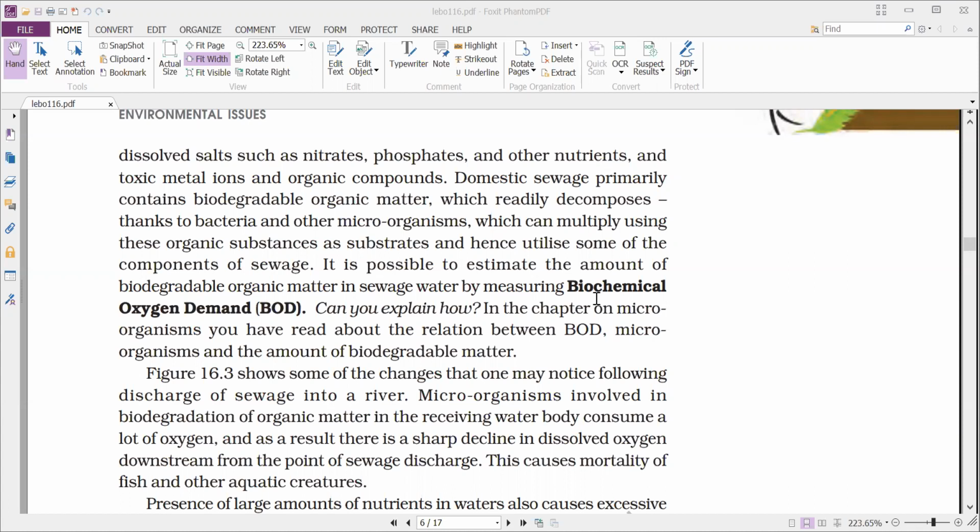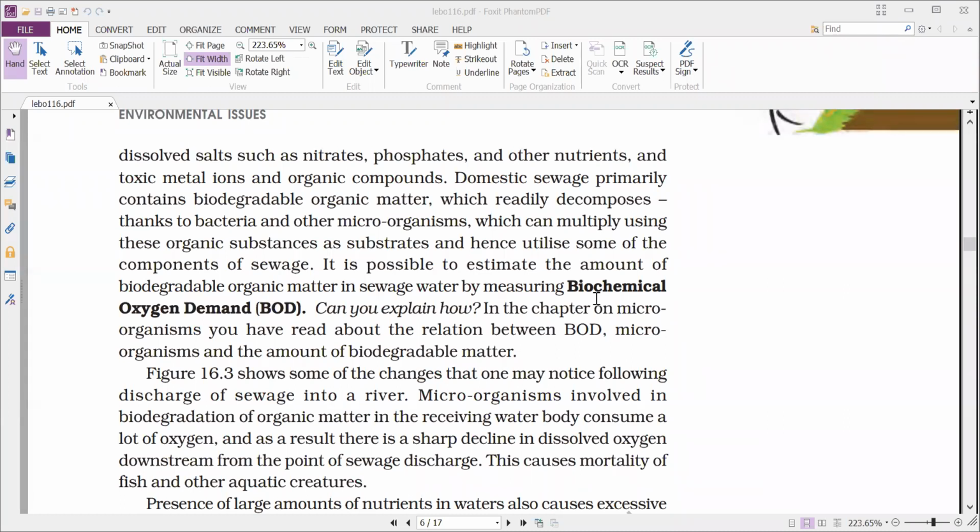How can we understand that? By calculating this BOD. If BOD is more, that means if the demand for oxygen is more, it indicates that the water is having more organic matter and we say that the water is polluted.